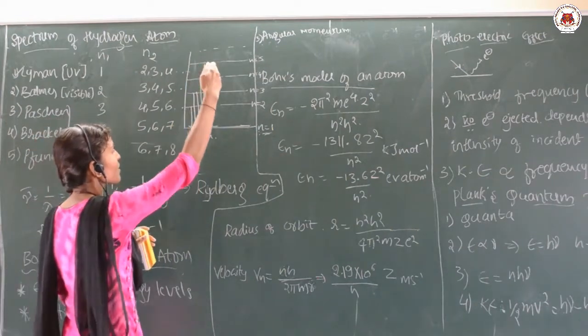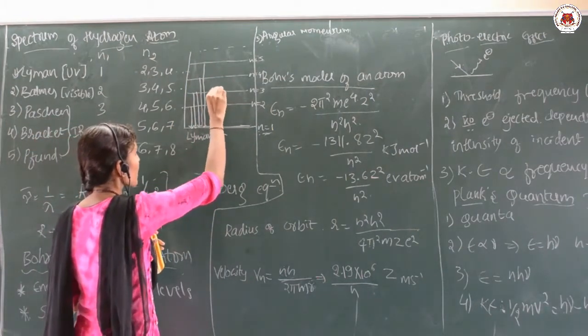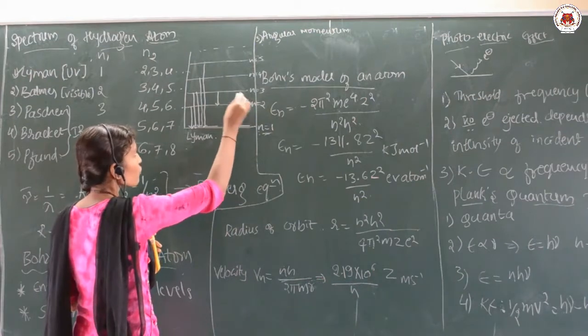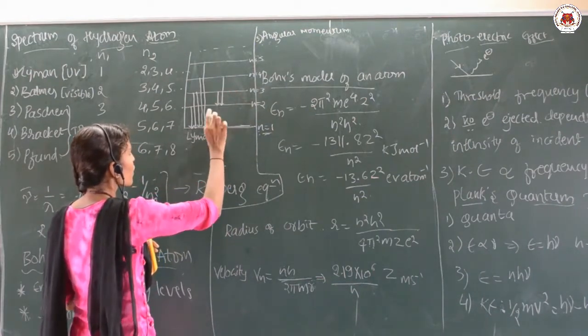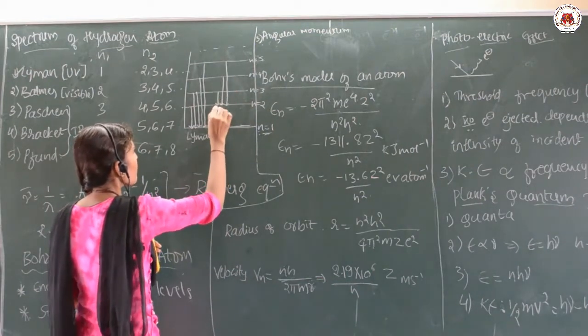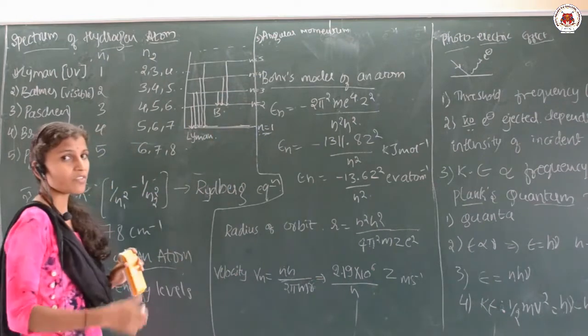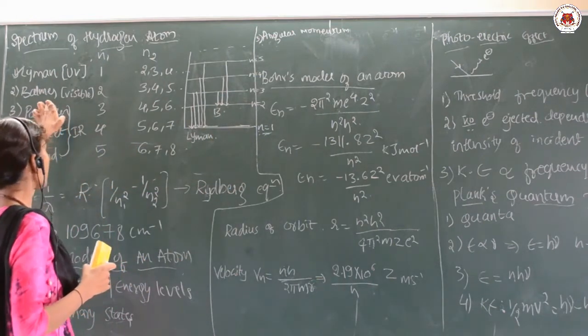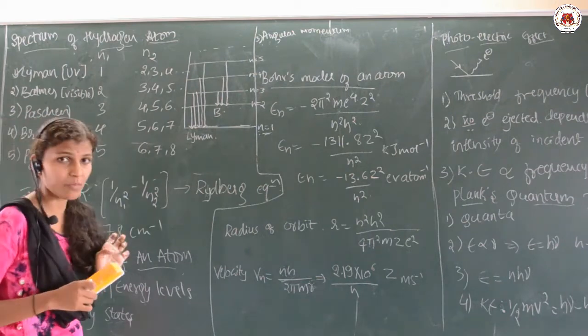Suppose the radiations from higher energy levels jump to the second energy level, that is n equals 2; it will give us the Balmer series. This Balmer series is available in the visible region.